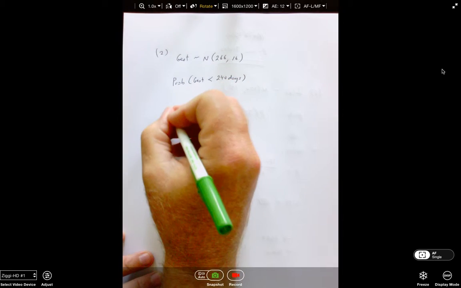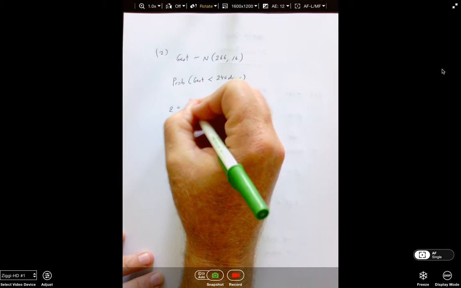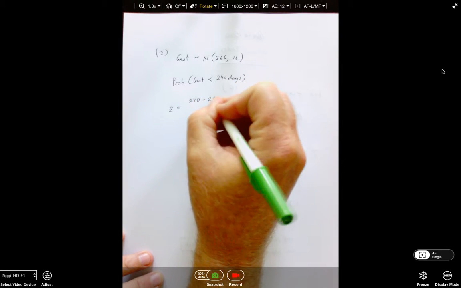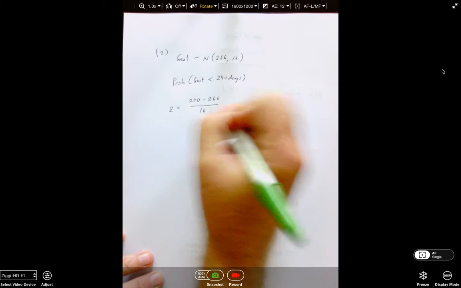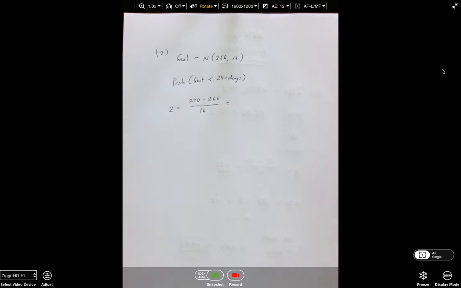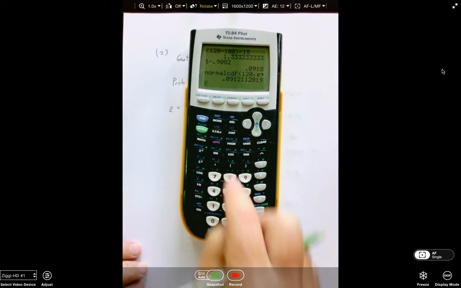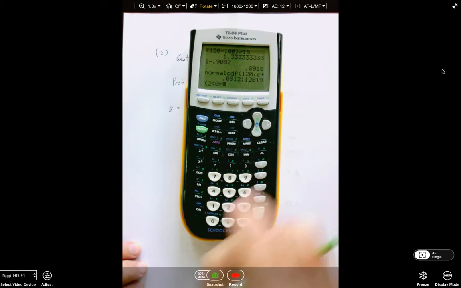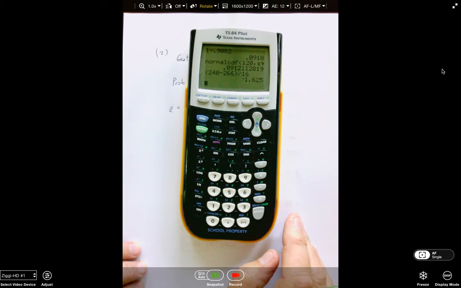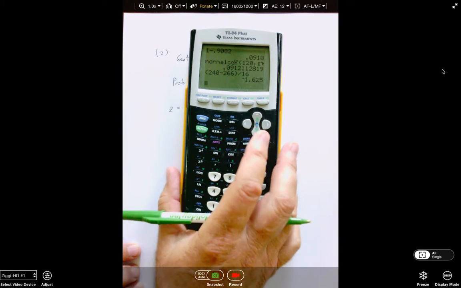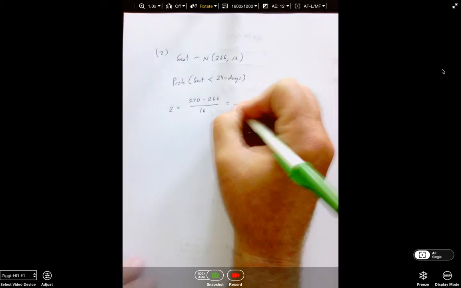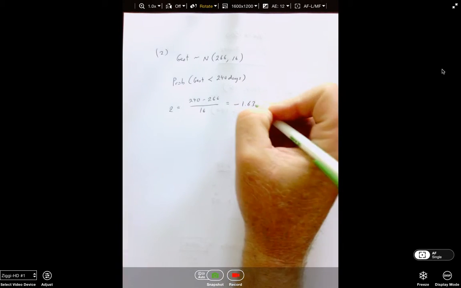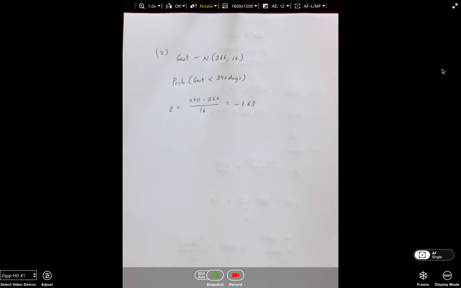Well, you got to calculate your z-score. Let's do that. All right, so we get negative 1.63. Now we got to go to that silly chart.